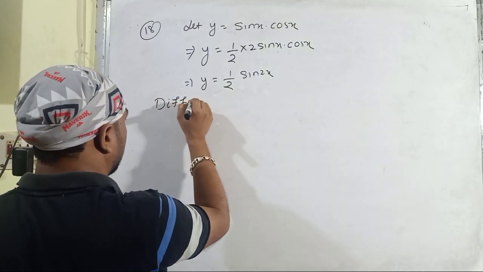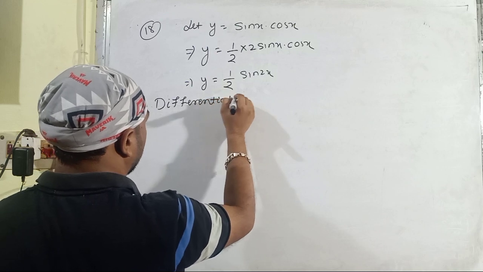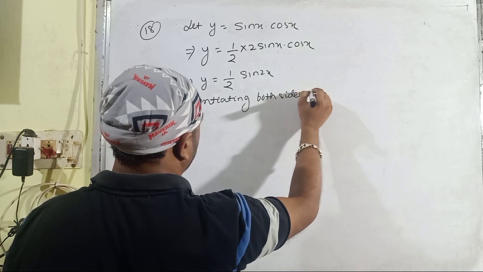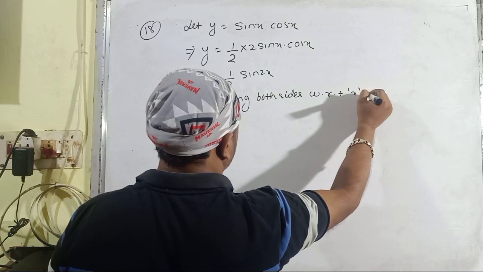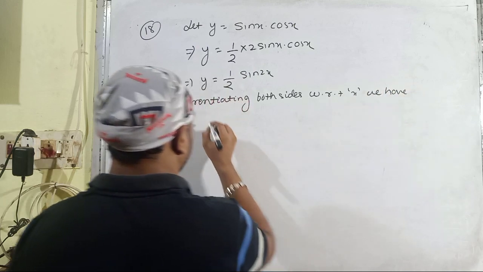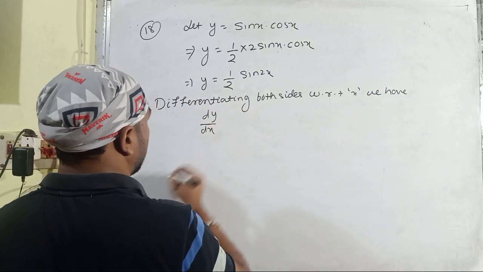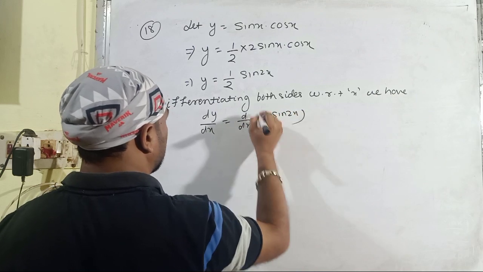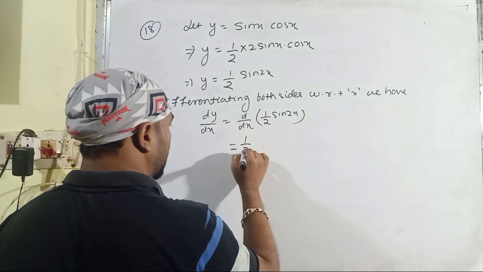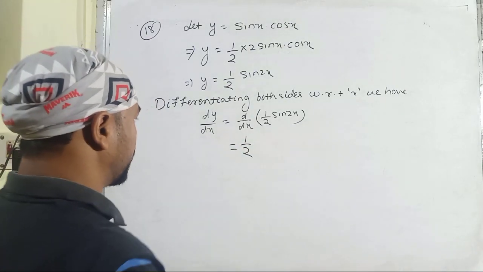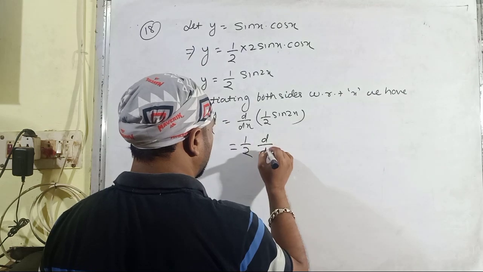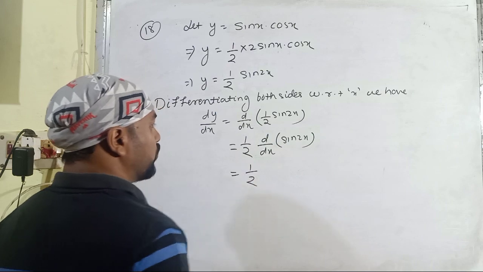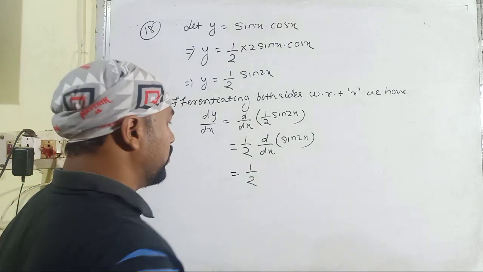Differentiating both sides with respect to x, we have dy upon dx is differentiation of half sin 2x. Then taking the constant outside of the operation, we have differentiation of sin 2x, but it is a composite function, so you have to go through the chain rule.